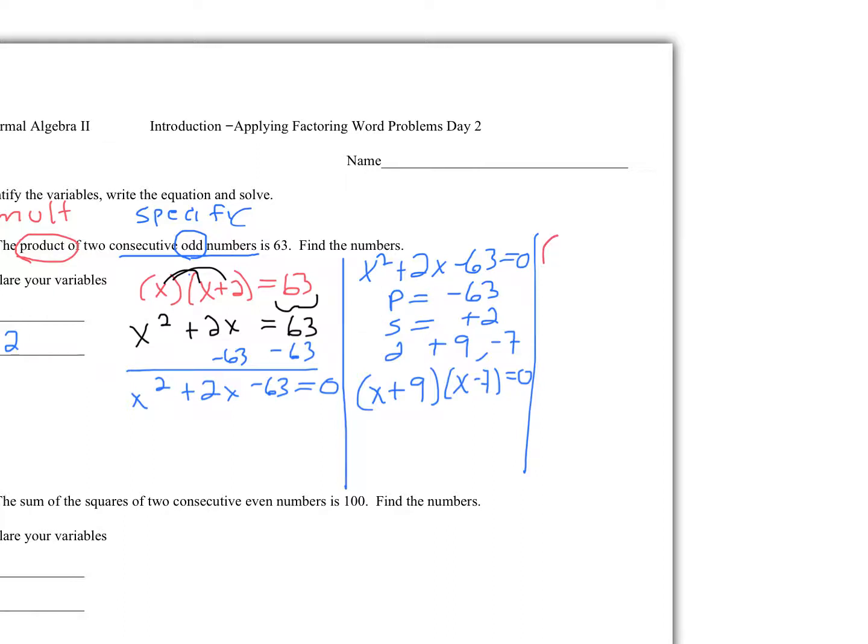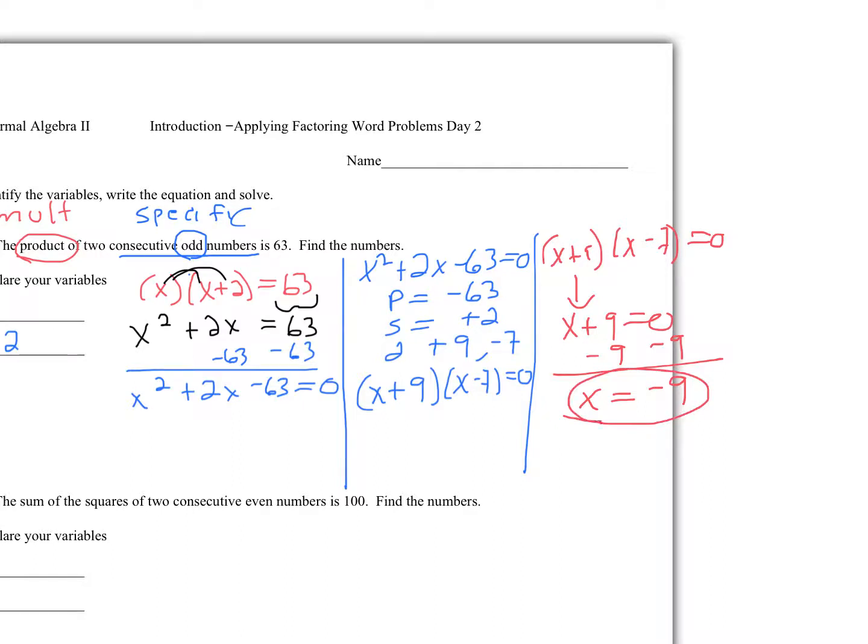X plus 9, x minus 7 is equal to 0. Okay, so let's solve this. X plus 9 is equal to 0. So I subtract the 9 from either side. Therefore, x equals negative 9.